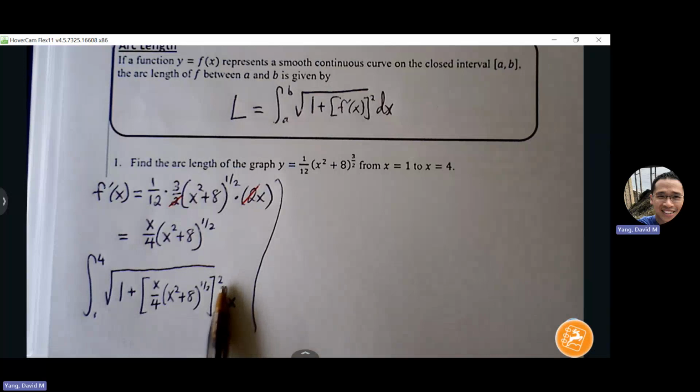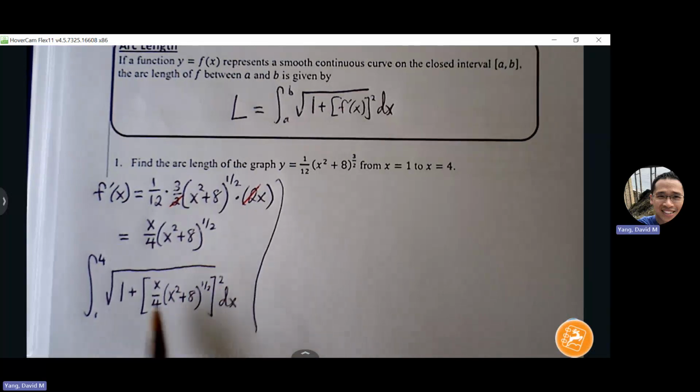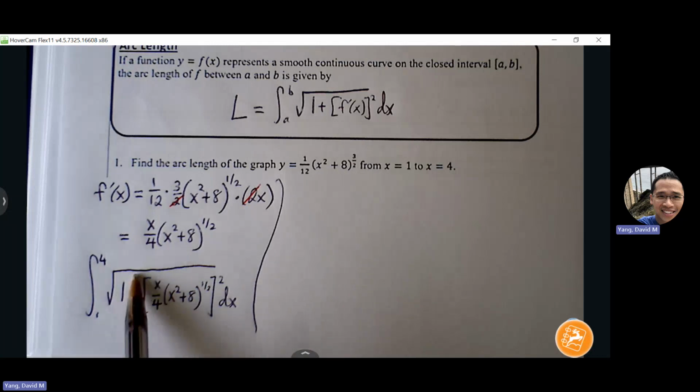Okay, I'm going to square. Okay, we gotta be careful here, right? Like, I can't just take the square root and square and undo them, right? There's a plus that's preventing us from just making that a clean canceling out. So I have to expand this out first, see what I can do with the 1 before I can do anything with the square root.